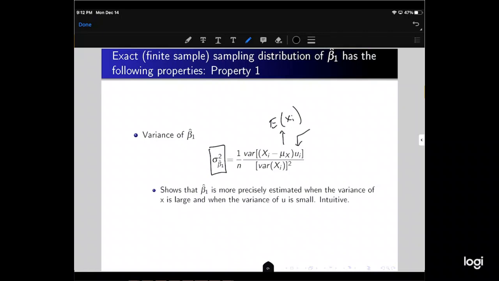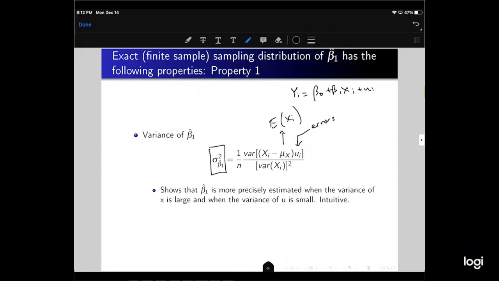And what are these? These are the errors in the regression equation. These are the population errors, by the way, not the sample errors. So if we wrote out the population regression function, we would get that. And that's what we're multiplying, x minus its mean, or the average difference between x and its mean, by the population errors, and that's over the variance of x squared.